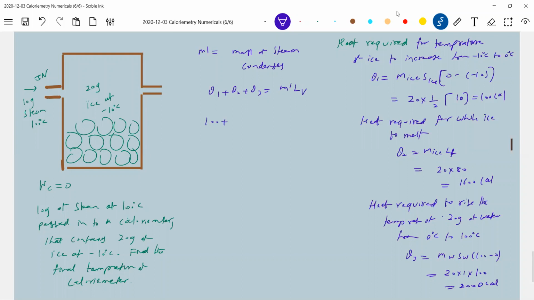So this will be 100, 1600, 2000, M dash we don't know, and this is 540. Anybody value? 6.85. This much of steam will condense here. So remaining, how much will leave? 2.25 or 3.25.